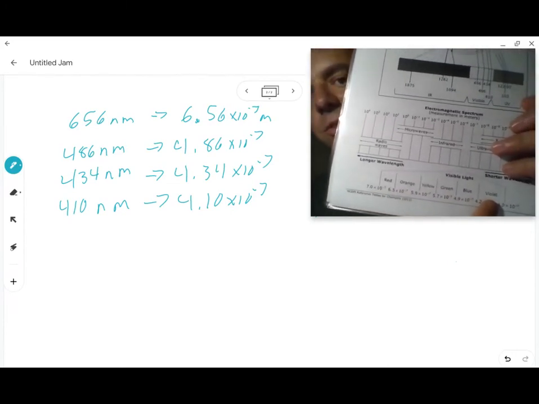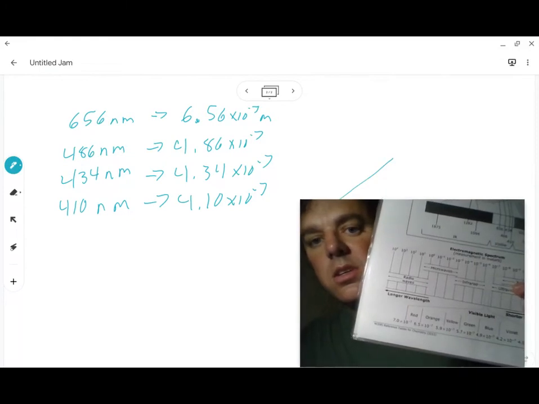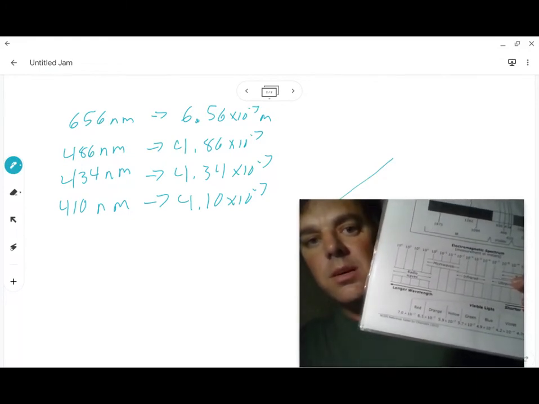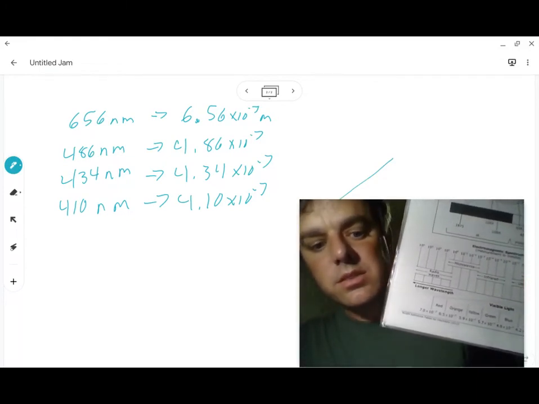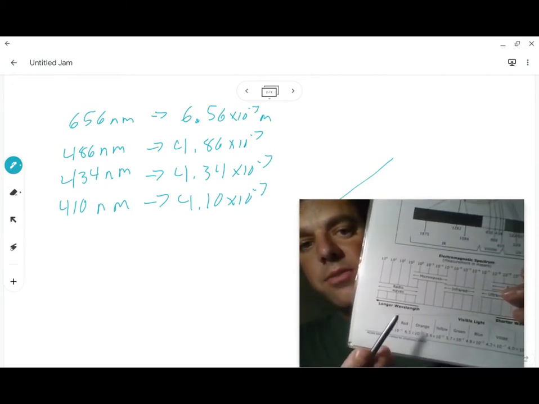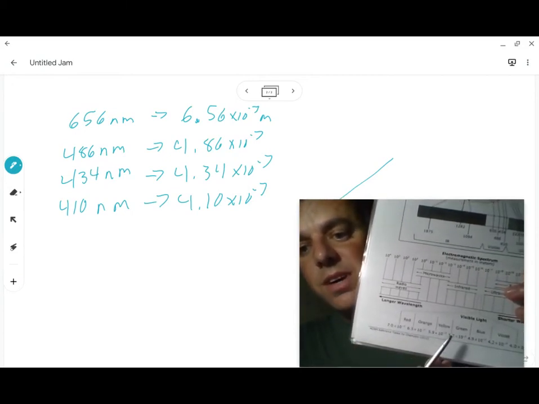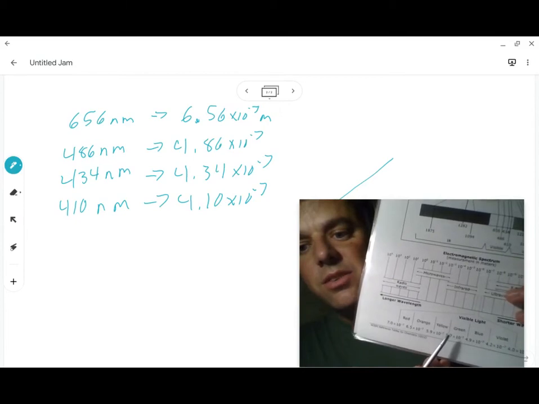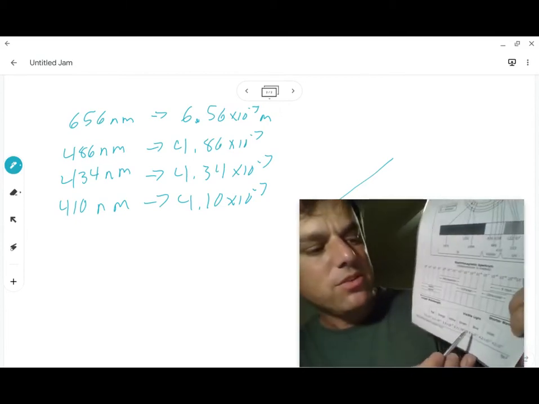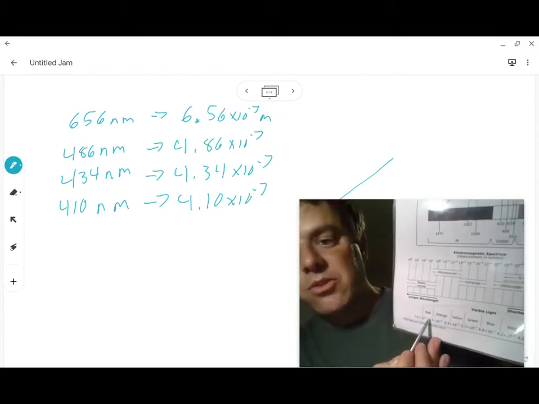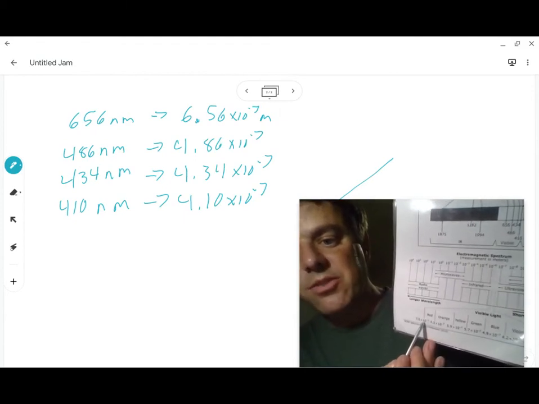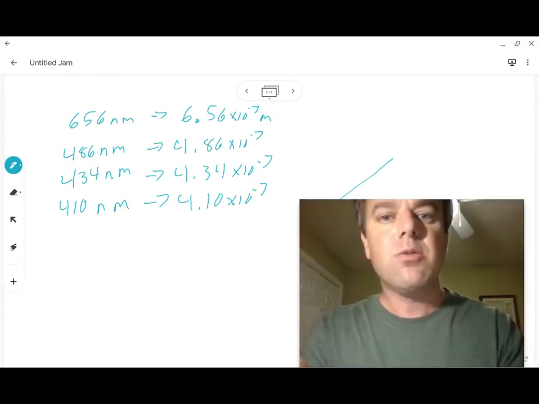So for instance, for the first one, 656 nanometers, or 6.56 times 10 to the negative seventh, well, 6.56 is going to fall between 6.5 and 7. So that would be red light.